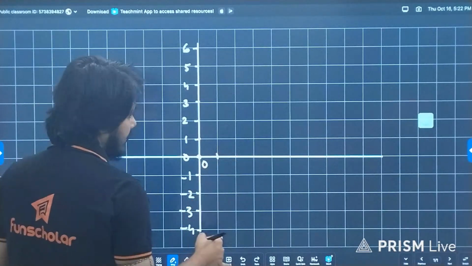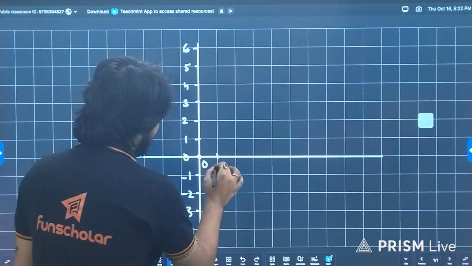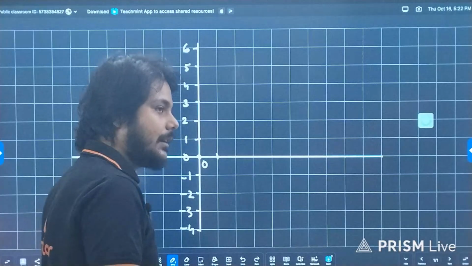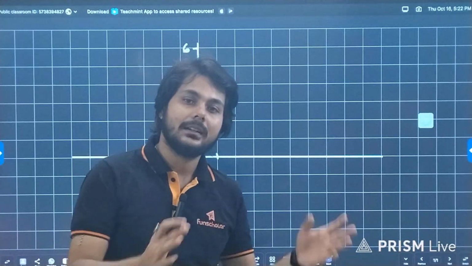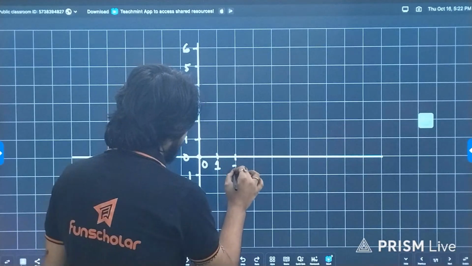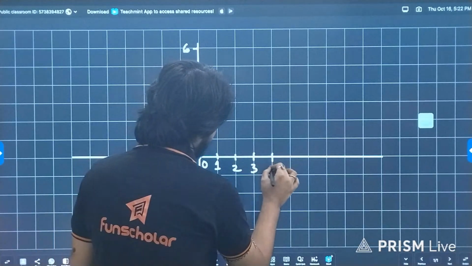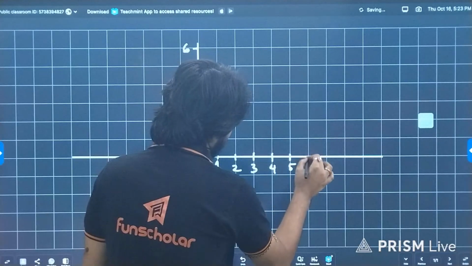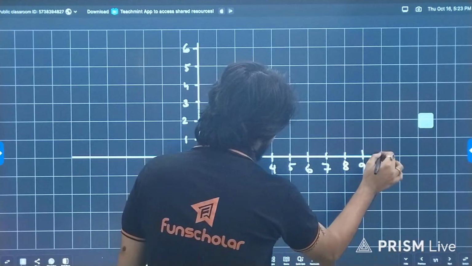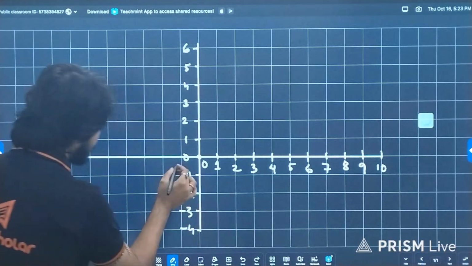Then, as you already know from the number line, the right side always denotes the positive side and the left side always denotes the negative side. That means this will be plus 1, 2, 3, 4, 5, 6, 7, 8, 9 and 10.